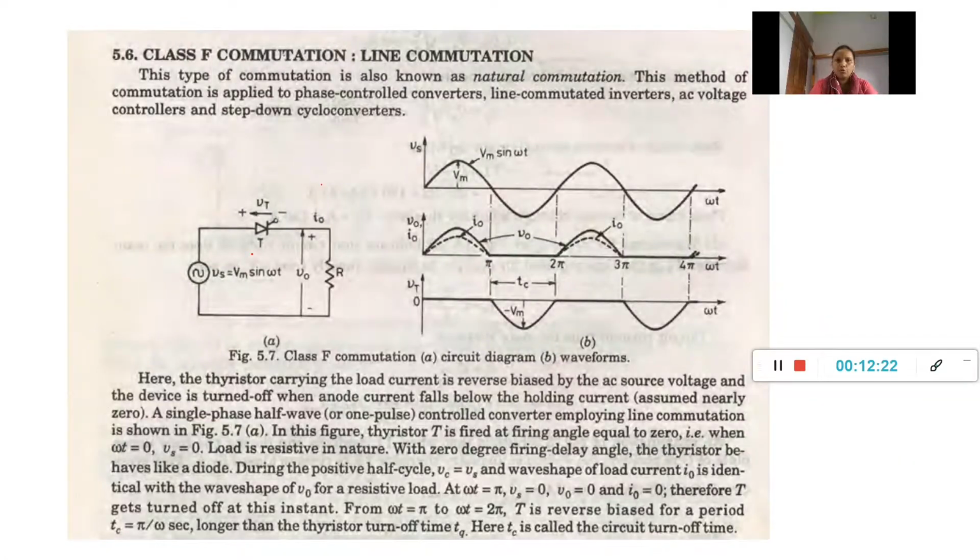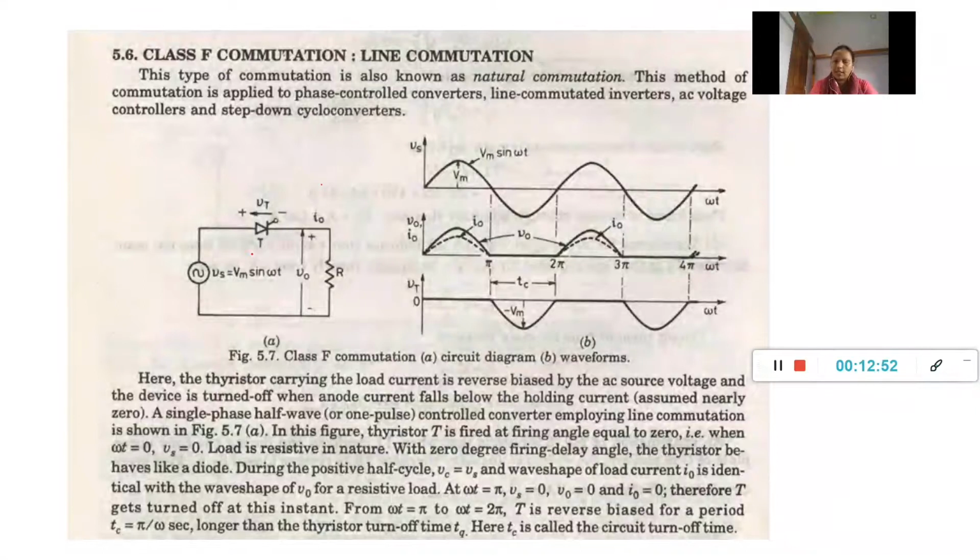Why is it called natural commutation? Because this method of commutation is applied to phase controlled converters, line commutated inverters, AC voltage controllers, and step down cycloconverters. So these are the different applications of class F type commutation, or natural commutation, or line commutation.